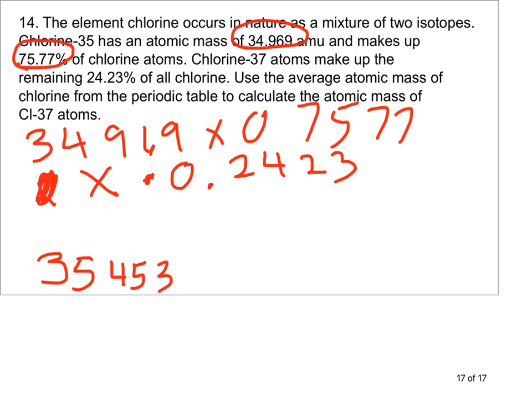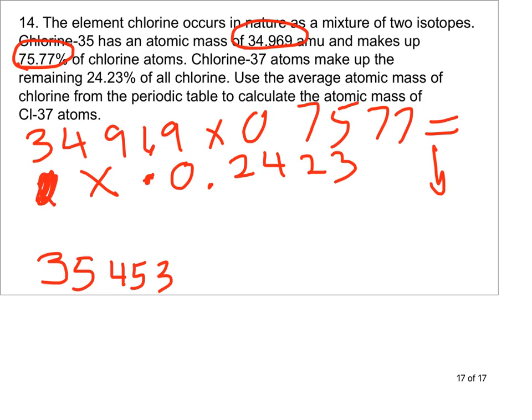Now, if I go ahead and multiply these two together, I'm going to write it down here, we've got 34.969 times 0.7577.